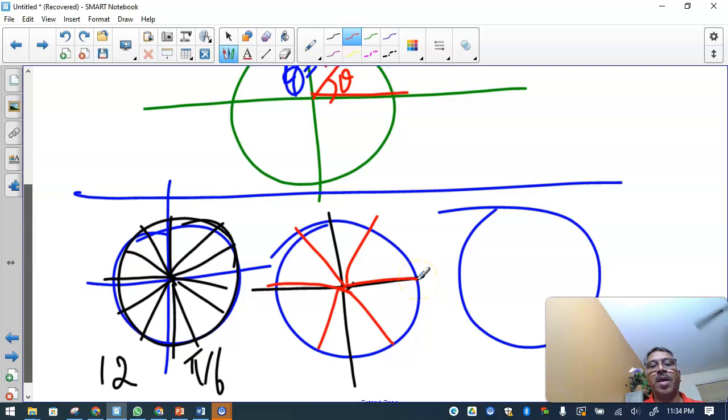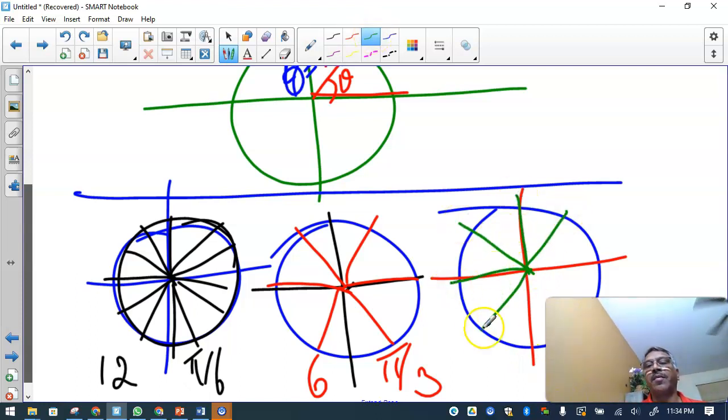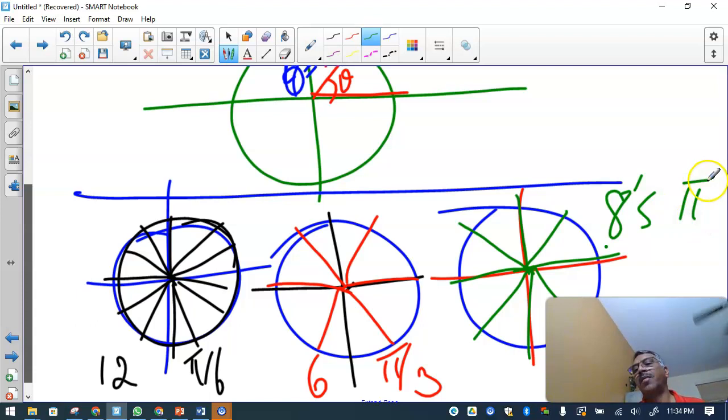So altogether 6 pi by 3. And if it is pi by 4, you can say 1 pi by 4, 2 pi by 4, 3 pi by 4, 4 pi by 4, 5 pi by 4, 6 pi by 4, 7 pi by 4. So there are 8 pi by 4. Okay, so this is another thing that you have to remember.